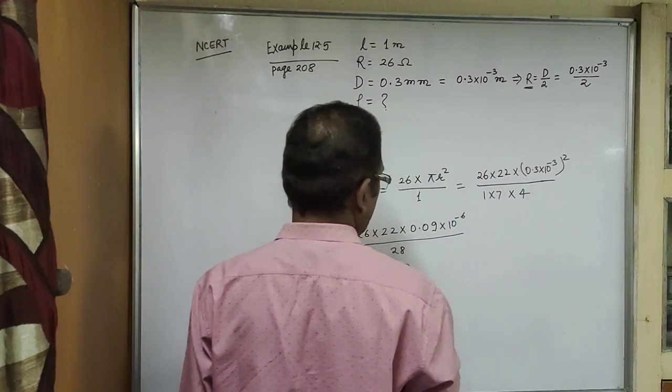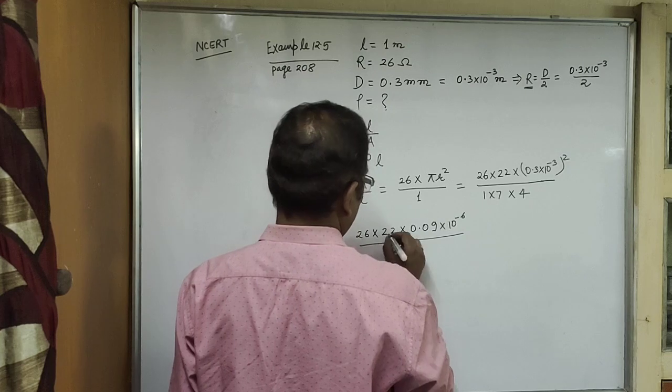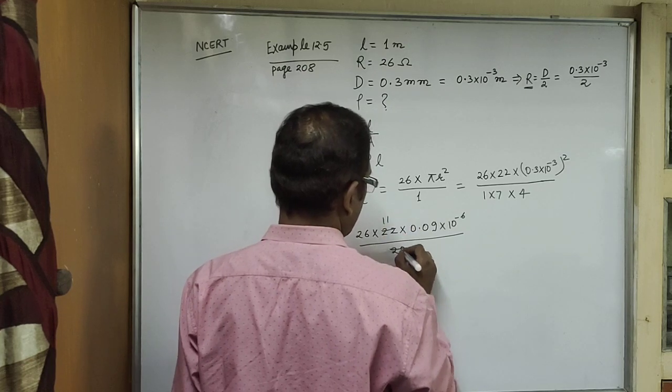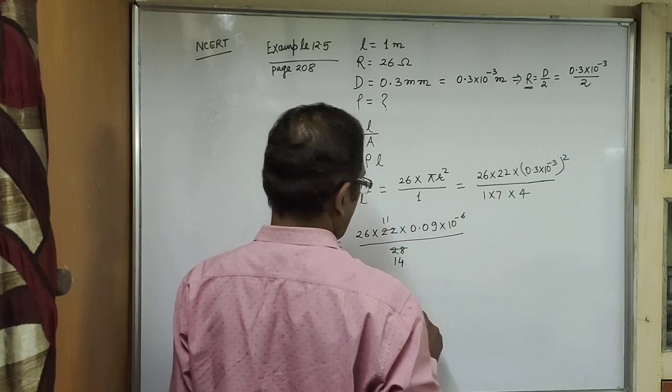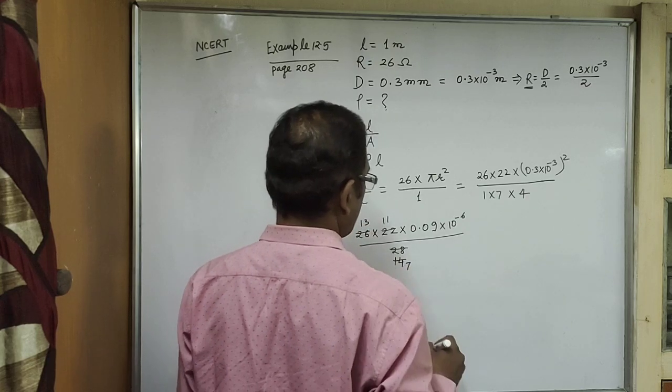Try to remove it or cut it. So 2 1s are 2, then 13, and this will be 7.